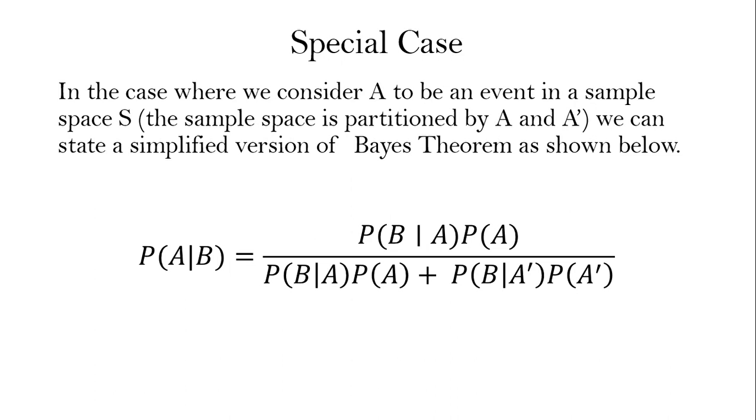We note that A and A complement are an exhaustive set, so the probability of A plus the probability of A complement is equal to 1. That is the special case we are talking of. As I said, nothing so special about it, but it simplifies Bayes' theorem for us.